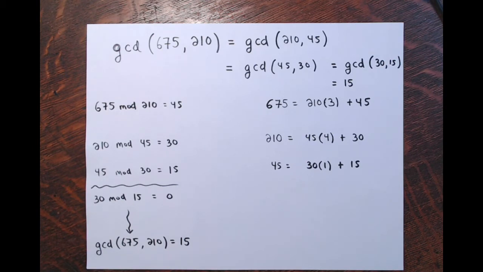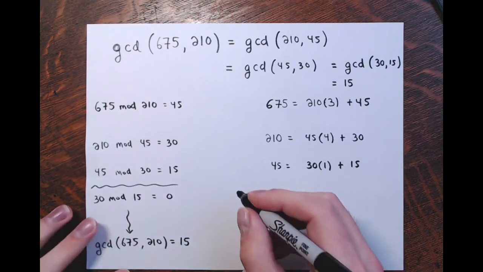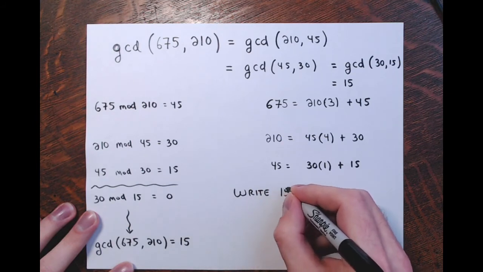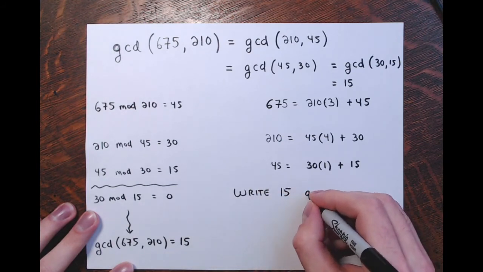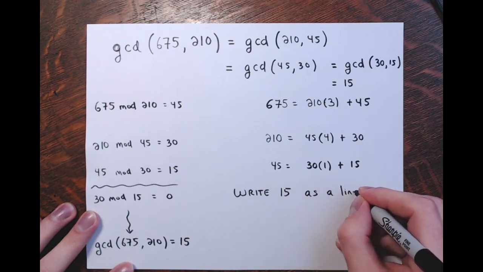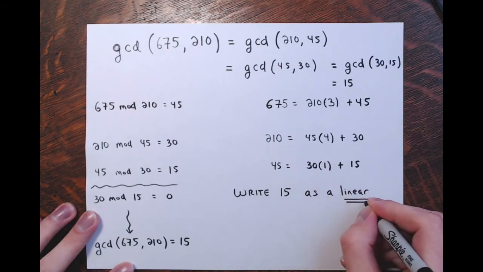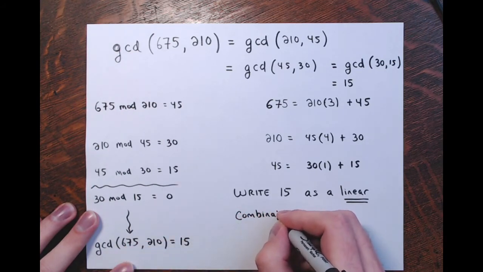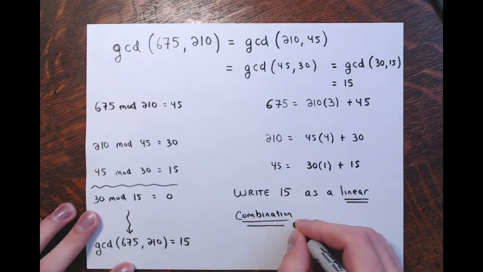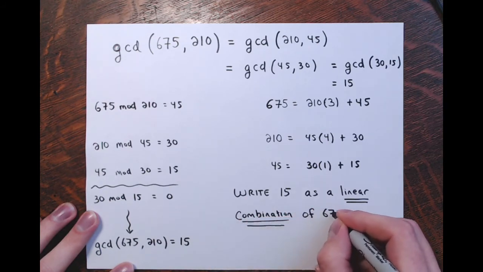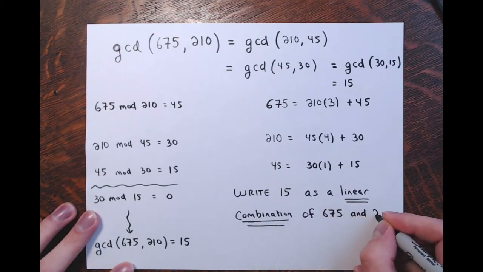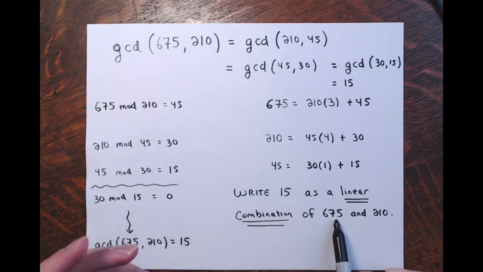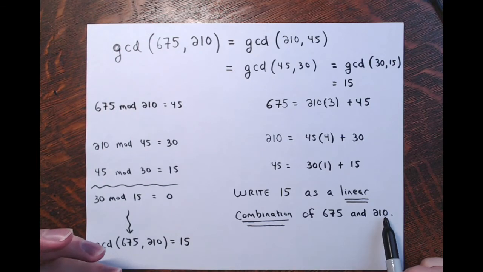Now, what I wish to do is write 15, this greatest common divisor, as a linear combination of 675 and 210. I want to have 15 be some integer times 675, plus some integer times 210.